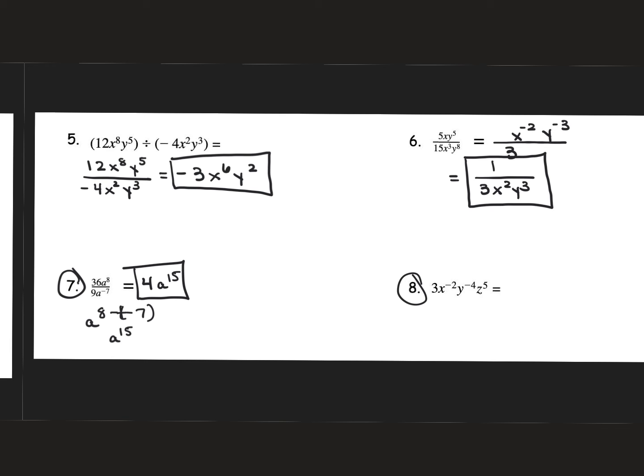All right, so my 3 is going to remain in my numerator, and my z, I have to put my line through my z's, they look like 2's, to the 5th stays in my numerator, but here I have x to the negative 2 and y to the negative 4, so they are going to drop to my denominator so that I don't have any negative exponents in my final answer.